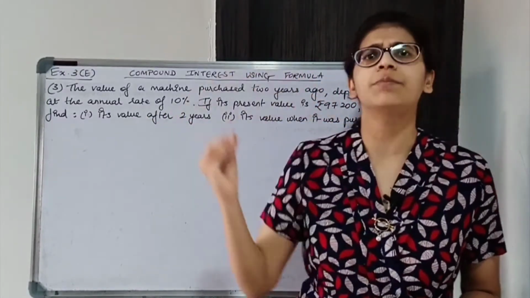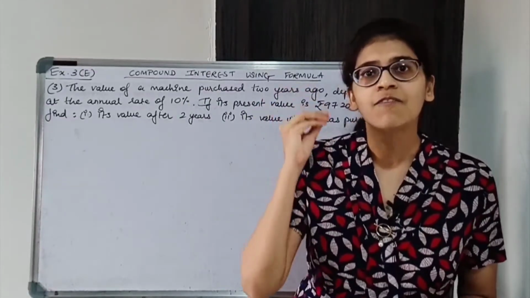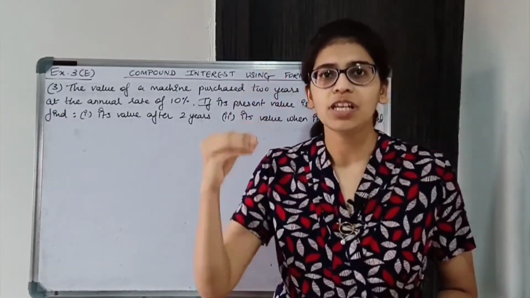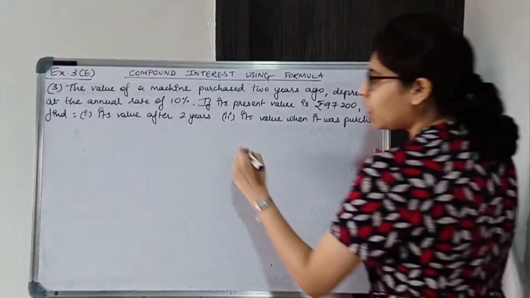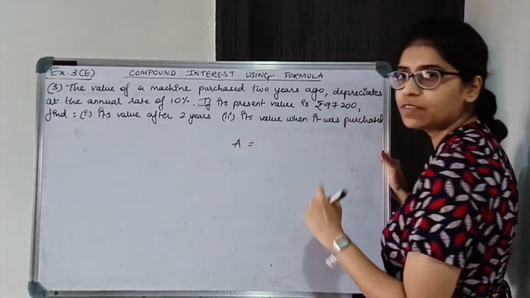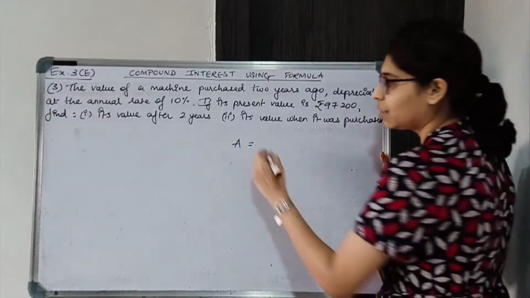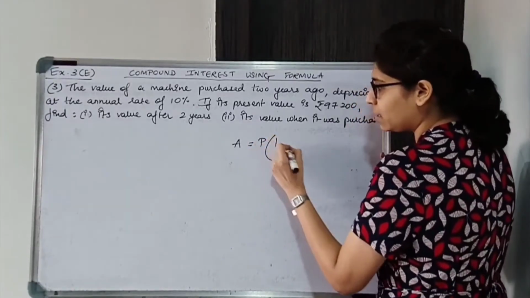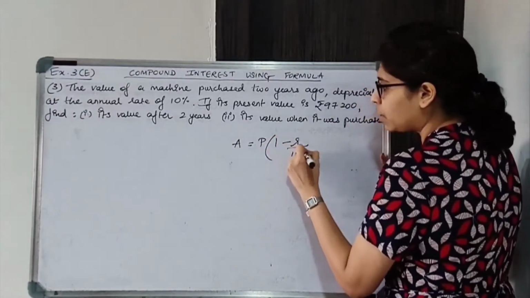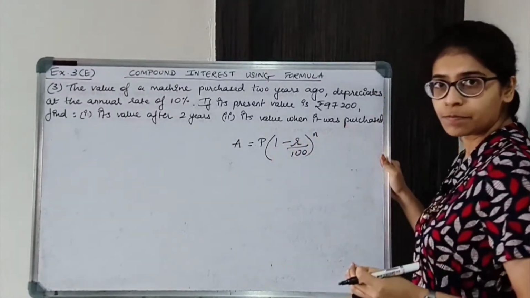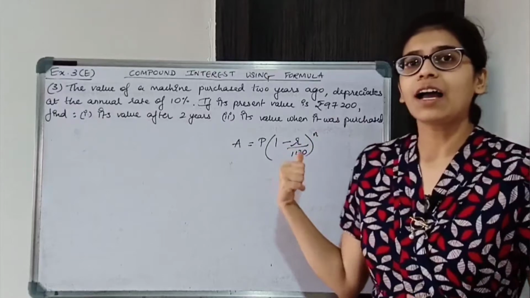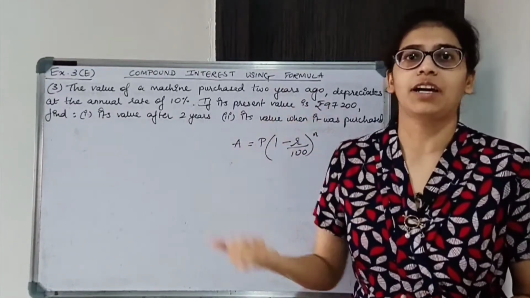So R is 10%. Now since the value of the machine is decreasing, in the formula of amount we will subtract the rate percent. That is, it will be P into 1 minus R upon 100 raised to N. You will not add, you will subtract. So when it is increasing you add, when it is decreasing you subtract.